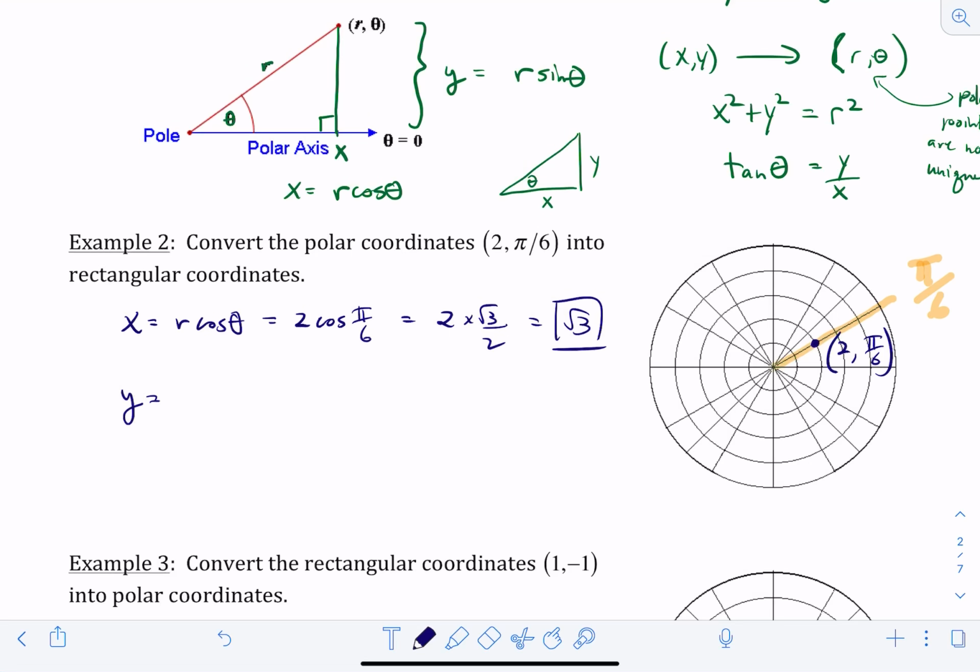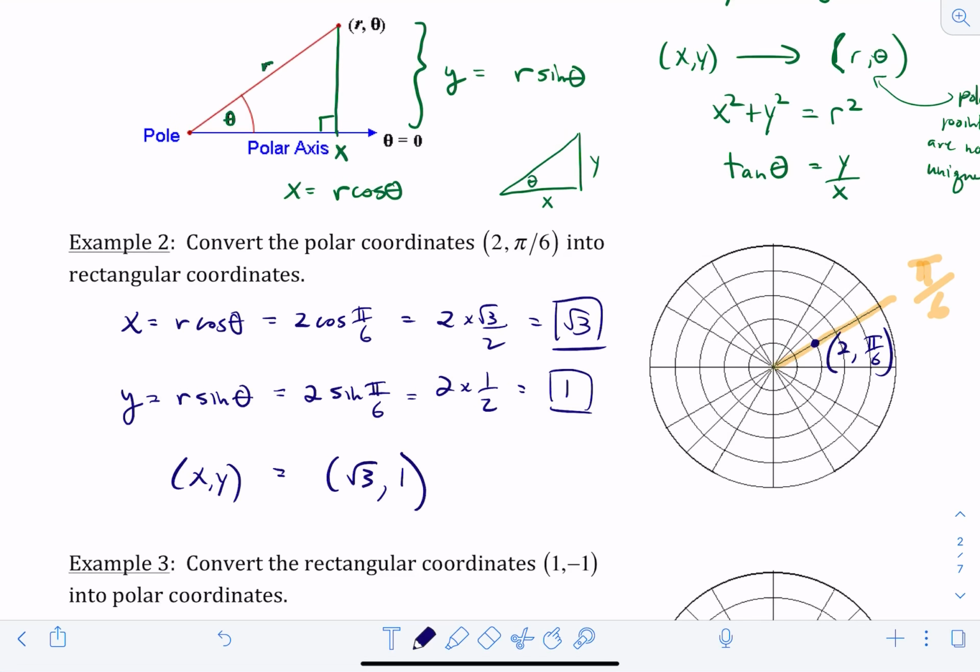The y value is r sine theta. That's equal to 2 sine of pi over 6. That's equal to 2 times 1/2. That's equal to 1. So my xy point is equal to rad 3, 1. Does that make sense to everybody?